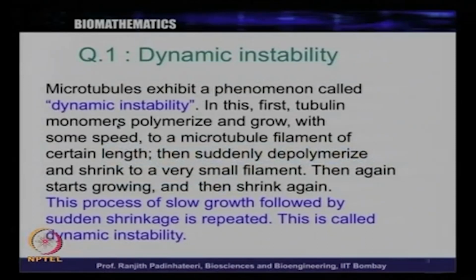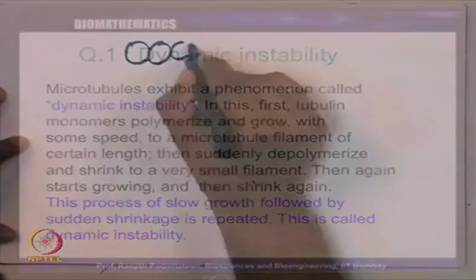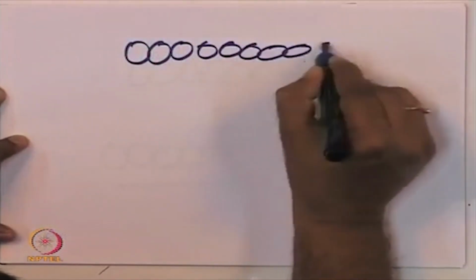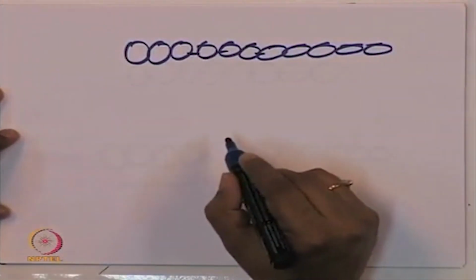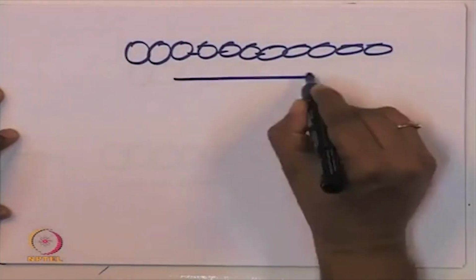In this, first tubulin monomers polymerize and grow with some speed to a microtubule filament of certain length, then suddenly depolymerize and shrink to a very small filament. So what we saw is polymerize and grow, to a filament like this.